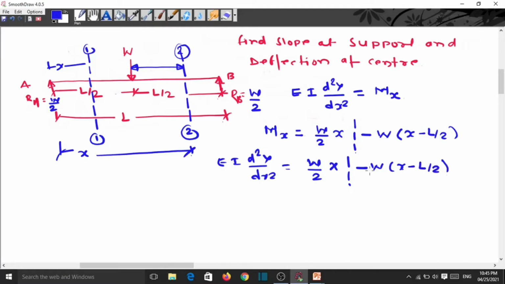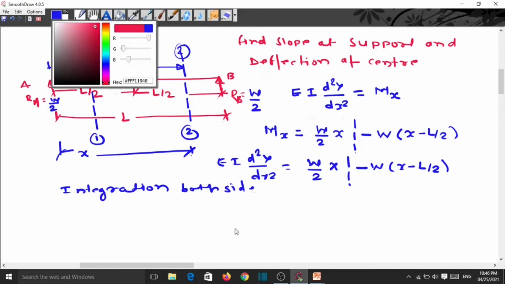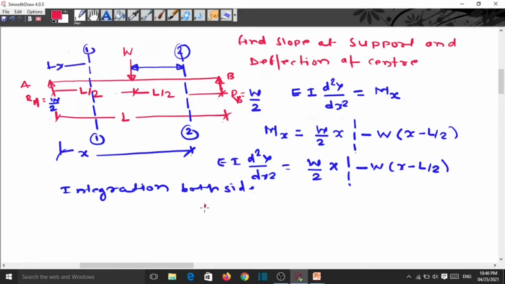Minus W into x minus L by 2. By the process we have to integrate first, so integration on both sides. This becomes EI dy by dx is equal to W by 2, which is already here.